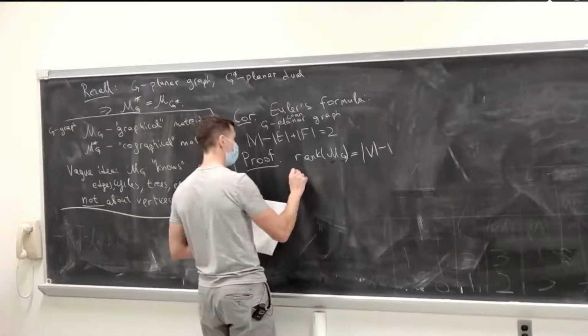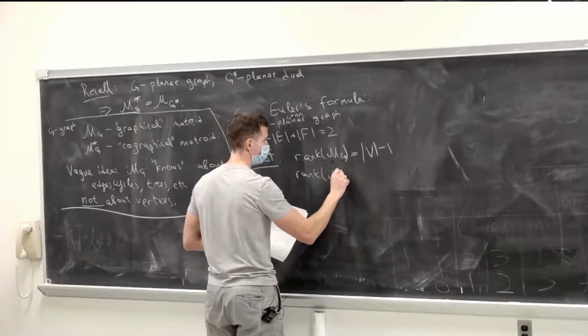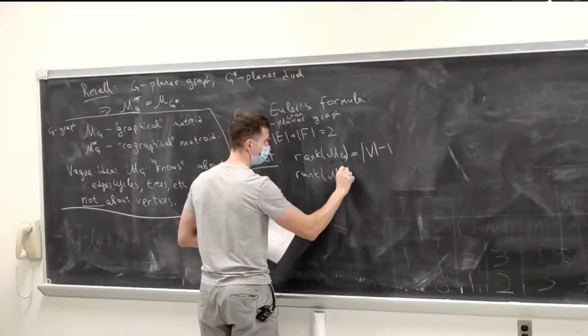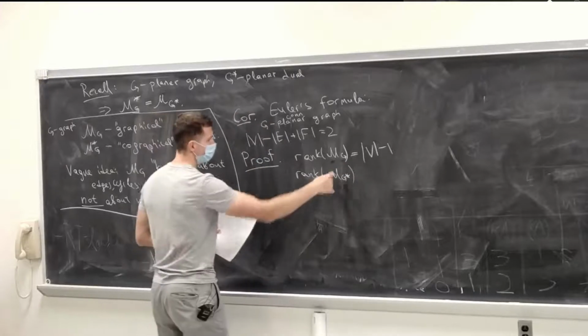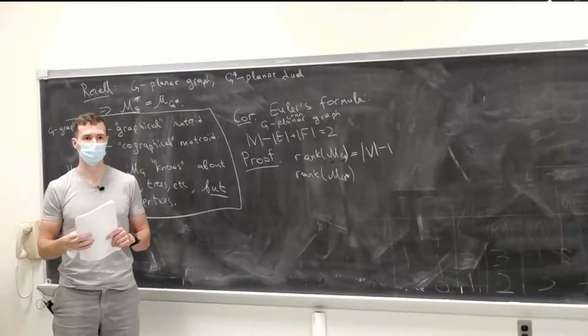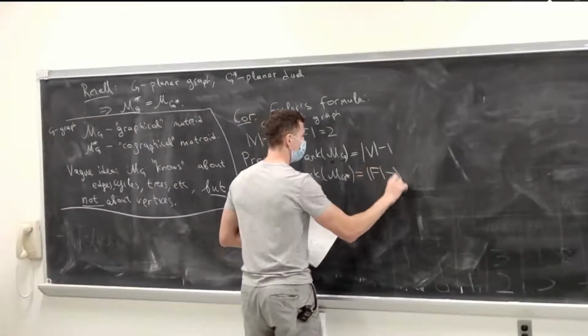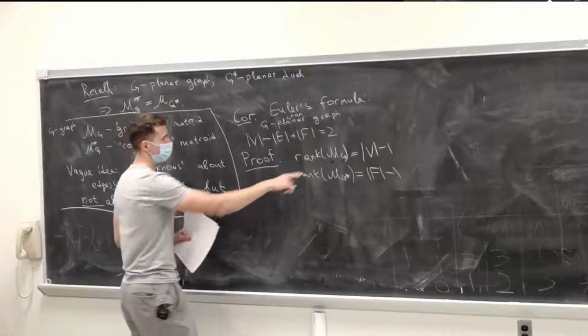What is the rank of the dual graphical matroid? If I take the dual graph and then I look at the matroid, what's the rank going to be? F minus 1. Okay, what's the relation between the two ranks?